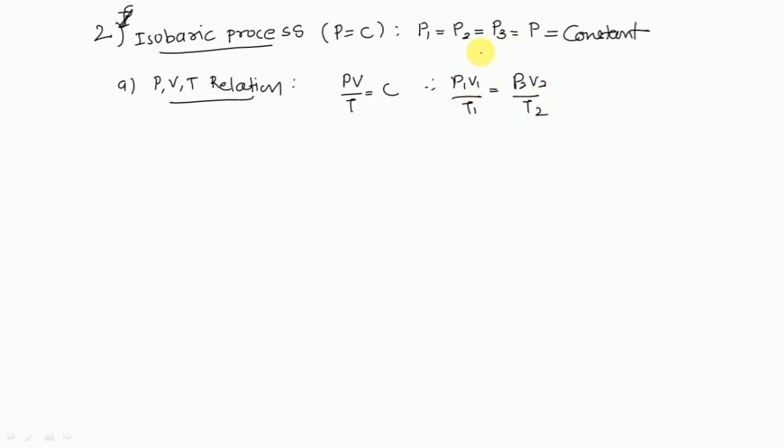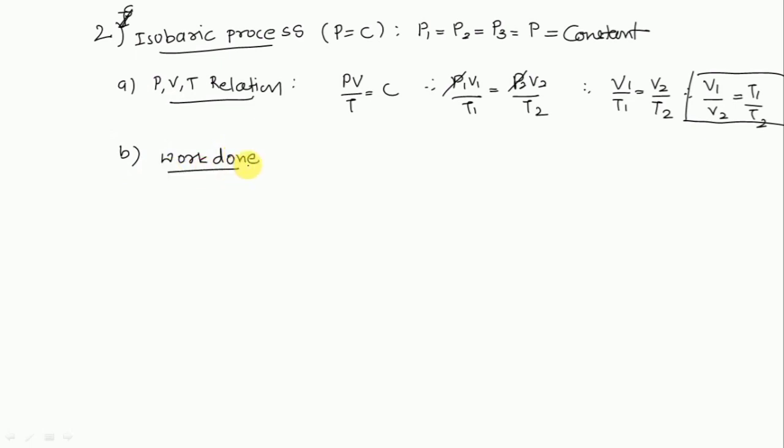But here we know P1 equals P2, so we can cancel it. So V1 upon T1 equals V2 upon T2. That's why we can write V1 by V2 equals T1 by T2. This is the relation of V and T in the isobaric process. Now the second one is the work done relation.